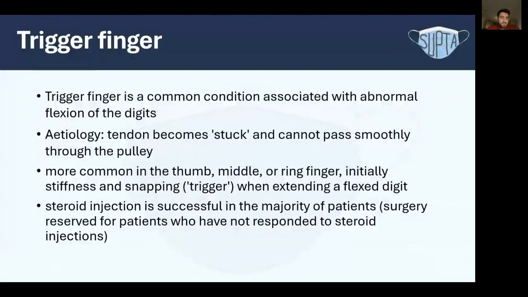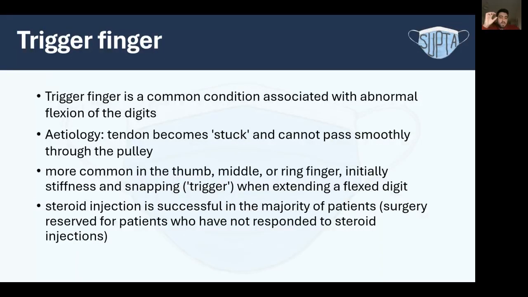We have another similar condition, trigger finger, which is associated with abnormal flexion of the digits. The tendon becomes stuck and cannot pass smoothly through the pulley.